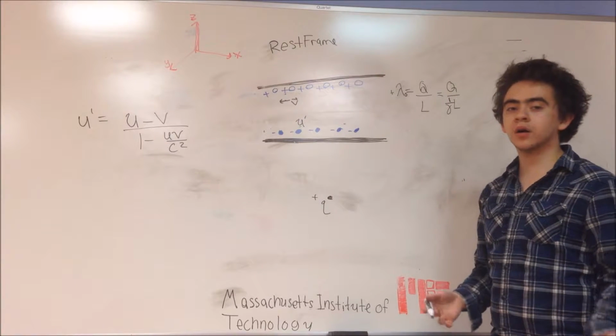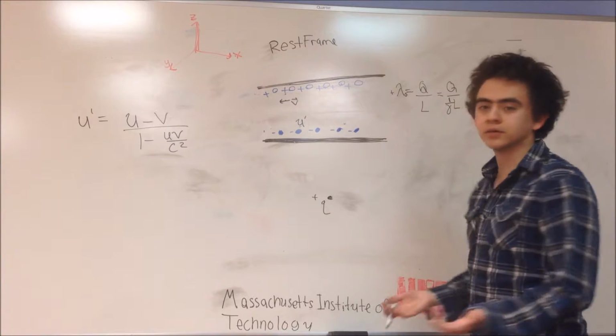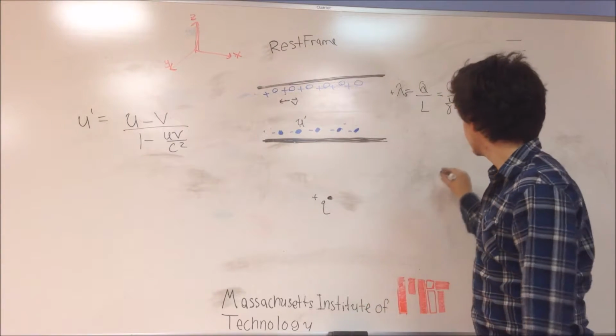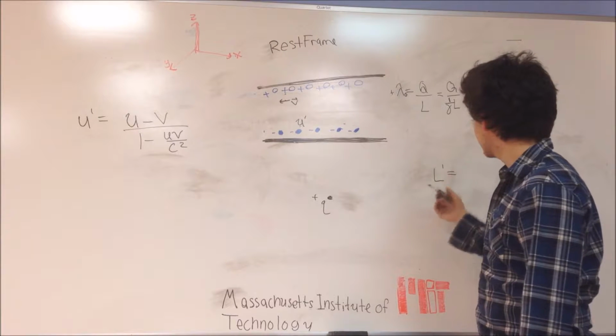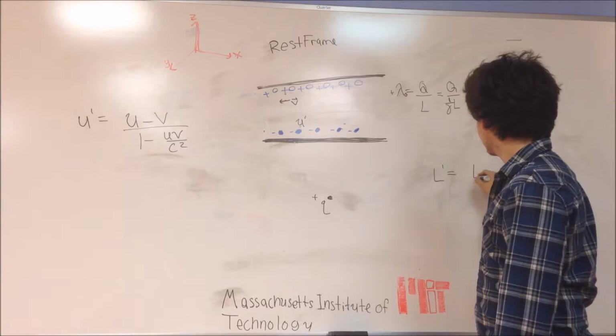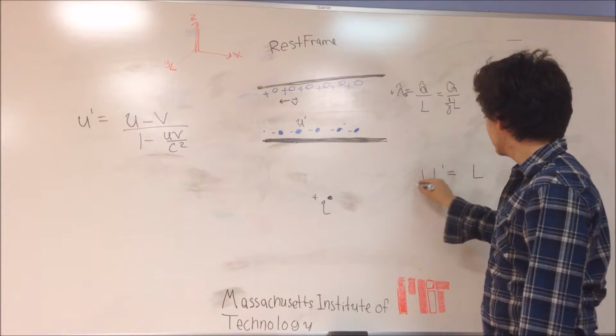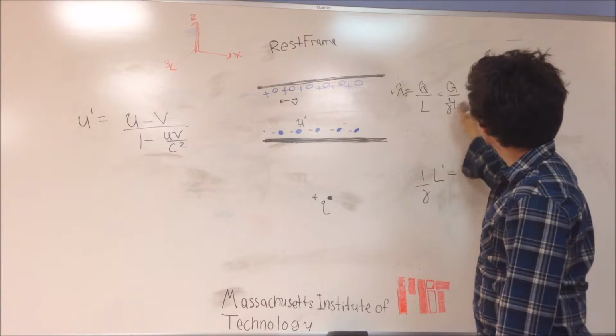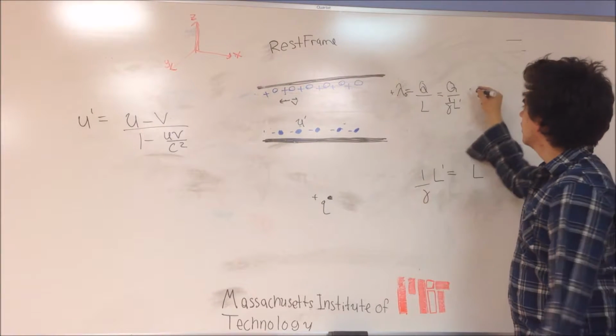We know from regular length contraction that a new length, L prime, is equal to 1 over gamma times the proper length.